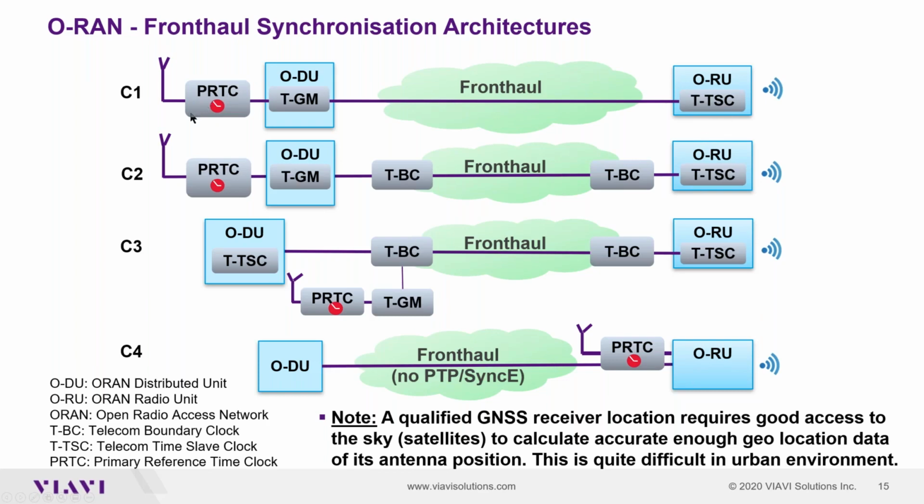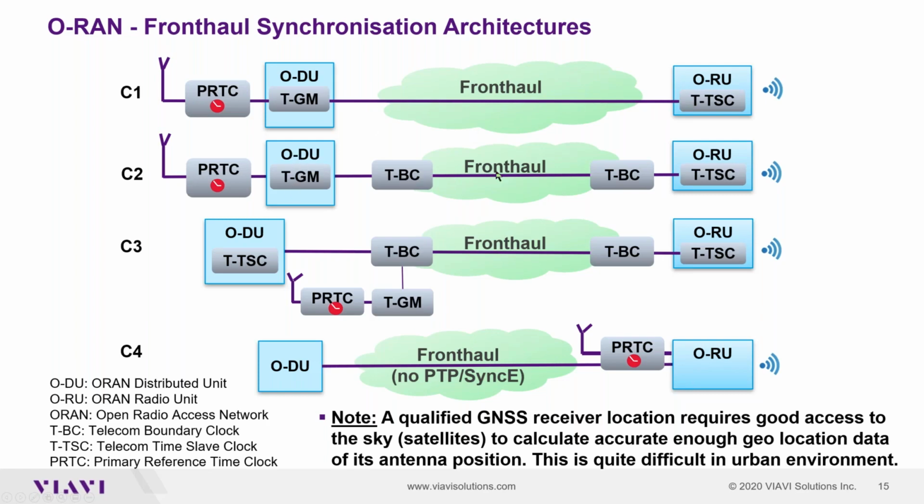This PRTC means a GPS receiver, or GNSS receiver, a satellite receiver getting the reference time from the satellites and then feeding a PTP grandmaster. And this grandmaster via PTP will then give the time to the slave, to the radio unit. So the master can be in a distributed unit with only the Fronthaul network, native switches, which is very risky.